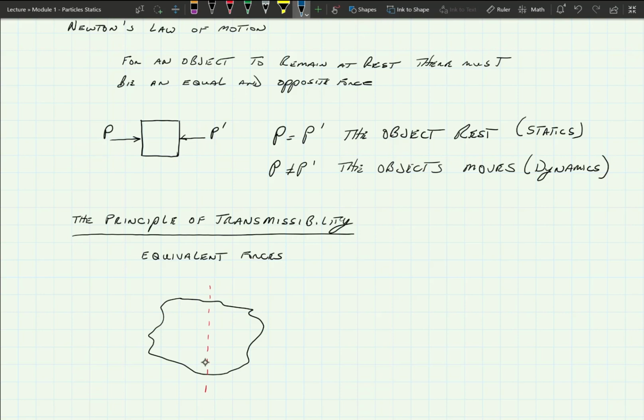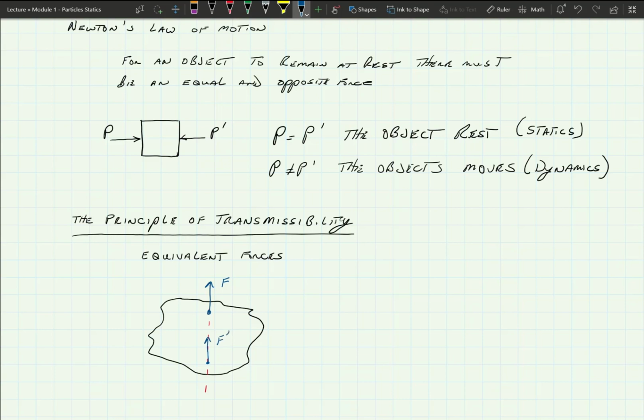If I have a force here going in this direction, F, and I want to move that force from there to some other place on this line, as long as I'm moving on the line, I can create this force.